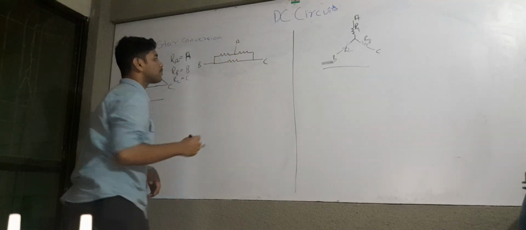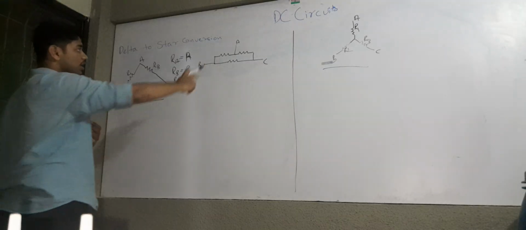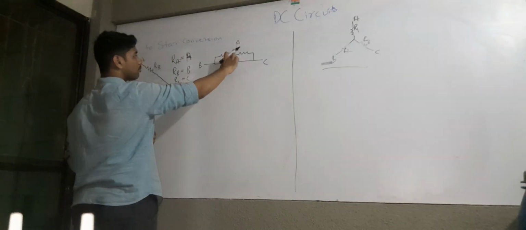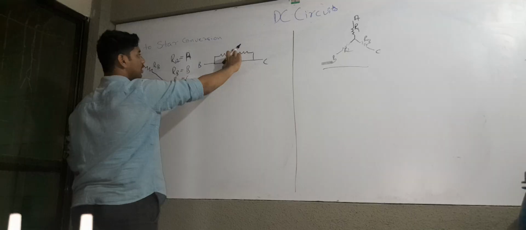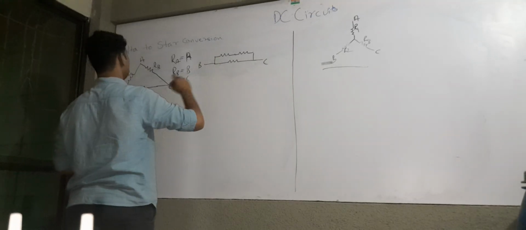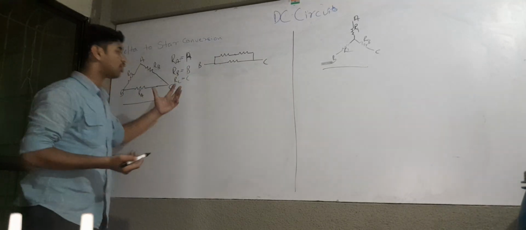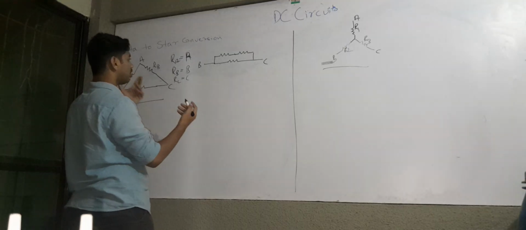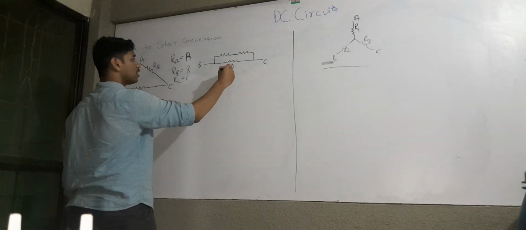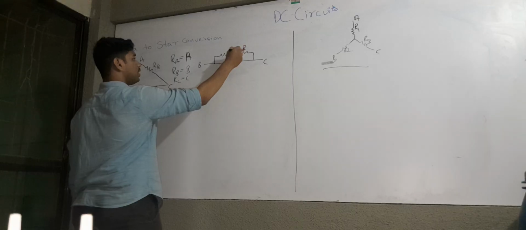This is A, but since there's nothing connected at A, this part can be ignored completely. Since it takes a lot of space, we have named all the resistances A, then B, then C.